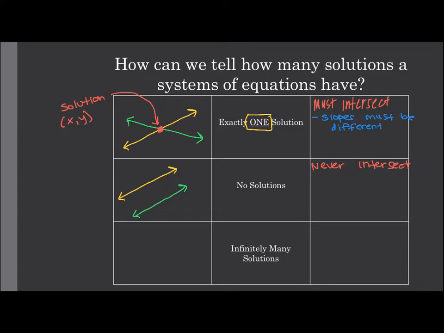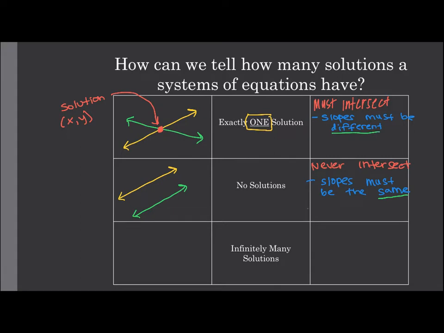So our little helpful hints: they must have the same slopes. So slopes must be the same. I'm going to underline same right there because that's important. And then the one before, I'm going to underline different because that's important. Slopes must be the same.